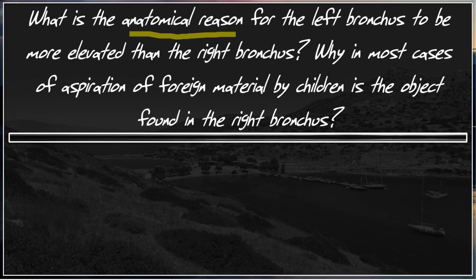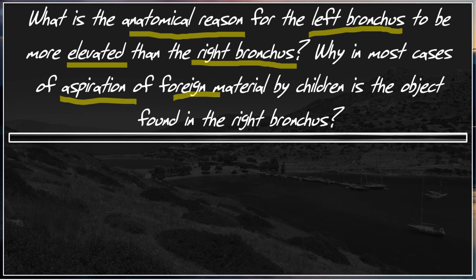What is the anatomical reason for the left bronchus to be more elevated than the right bronchus? Why, in most cases of aspiration of foreign material by children, is the object found in the right bronchus?